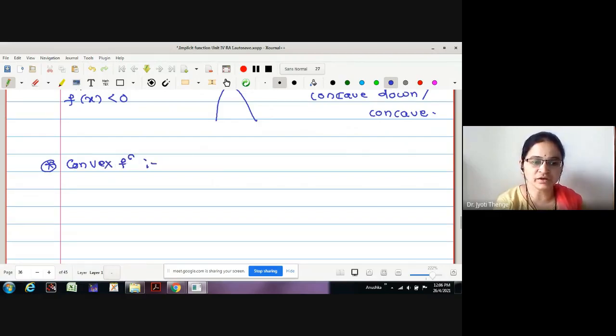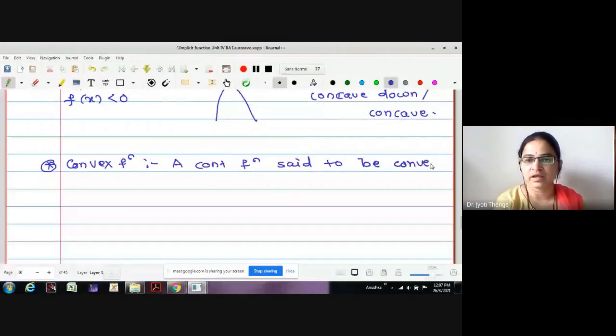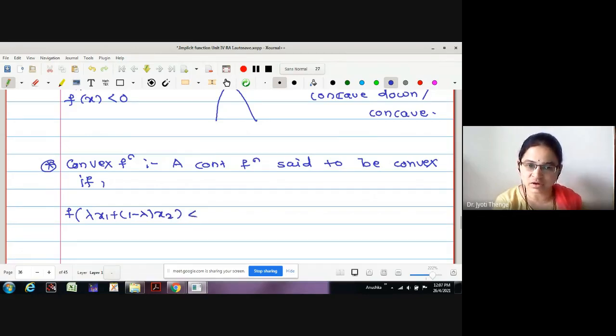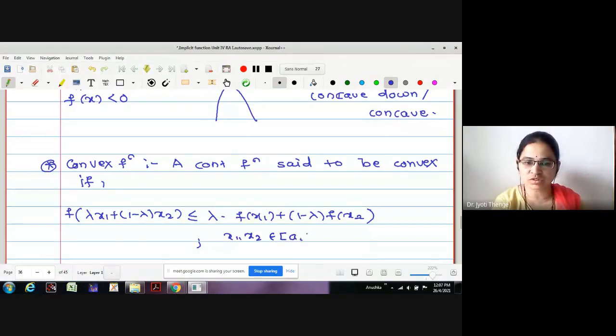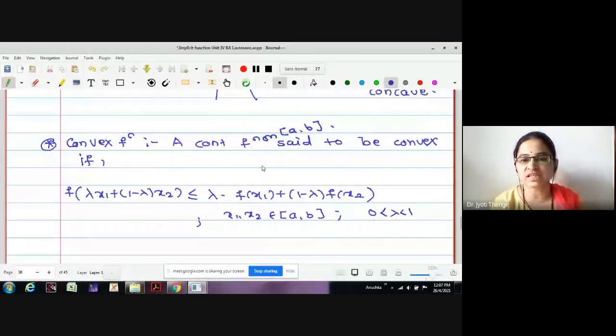A continuous function is said to be convex if it satisfies the following condition: f of lambda x1 plus 1 minus lambda x2 is less than or equal to lambda times f of x1 plus 1 minus lambda times f of x2, for x1, x2 belonging to the closed interval AB and lambda lying between 0 and 1. A continuous function f on the closed interval AB is said to be convex if this condition is satisfied.